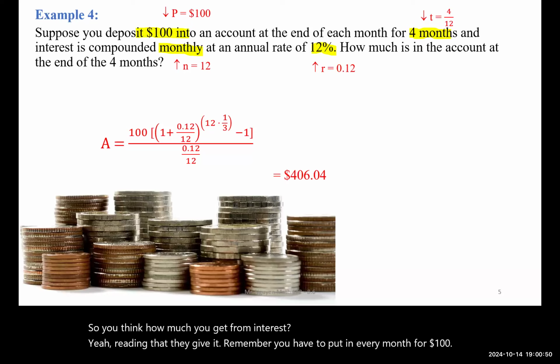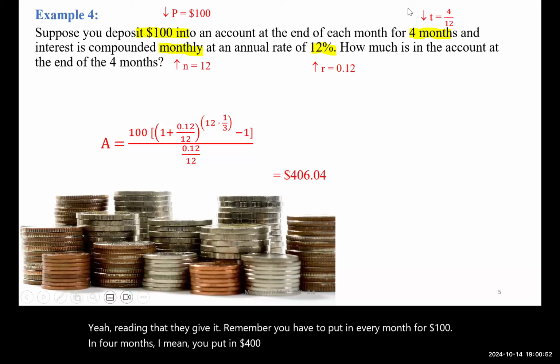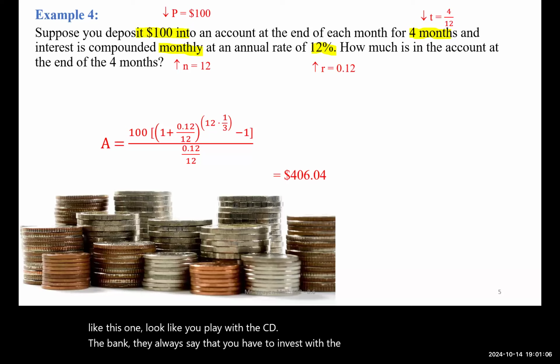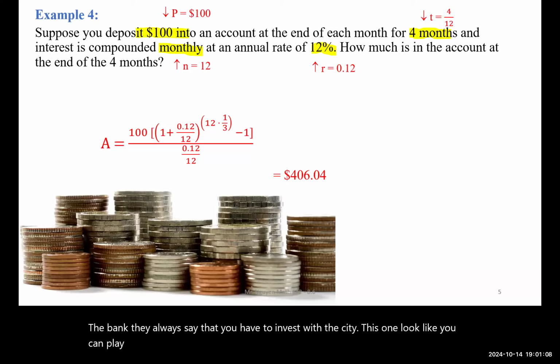I mean, you put in $400 already. So the interest is only $6.04. It looks like you play with a CD. The bank always says you have to invest with a CD. You can invest in a CD.